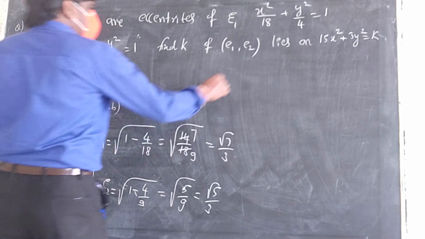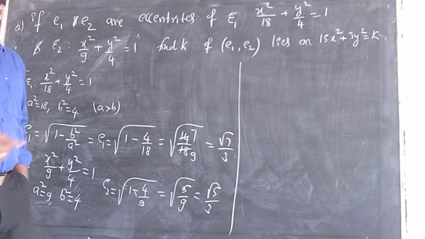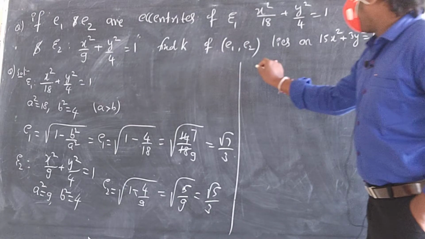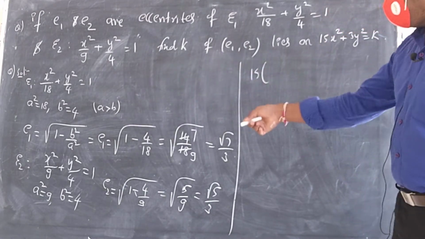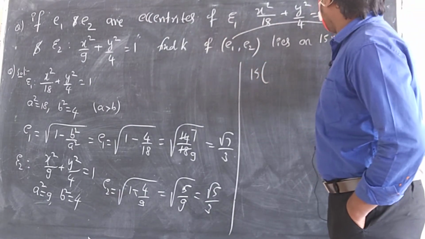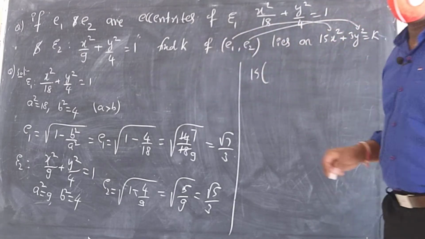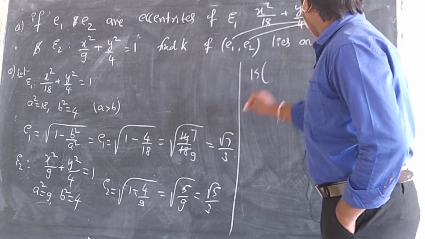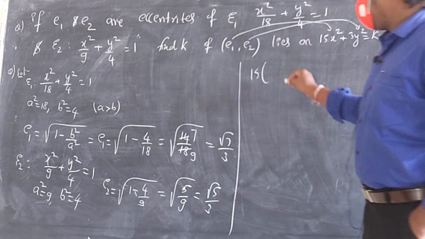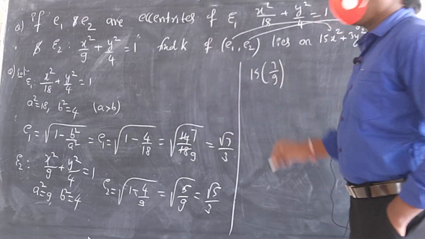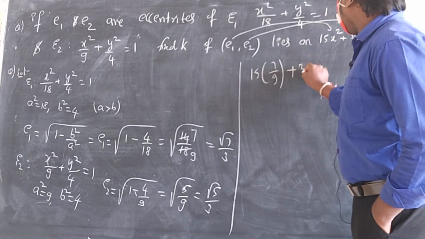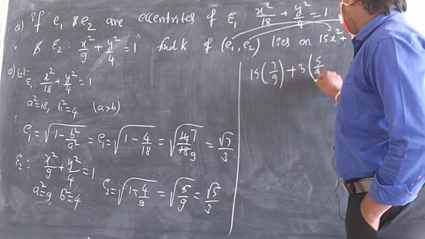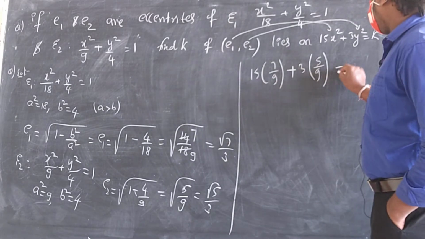Now he is saying that this E1 and E2 are lying on this ellipse. Then you have to find the value of k. So 15 into x, I can write E1 here, and E2 replaced here. So here I get root 7 by 3 whole square, that is 7 by 9, plus 3 into, I can write root 5 by 3 whole square, that is 5 by 9, is equal to k.